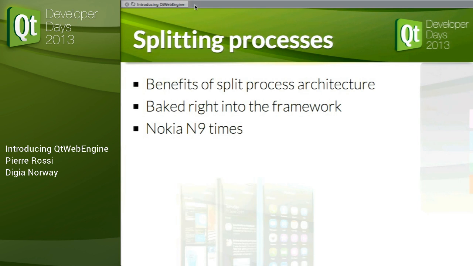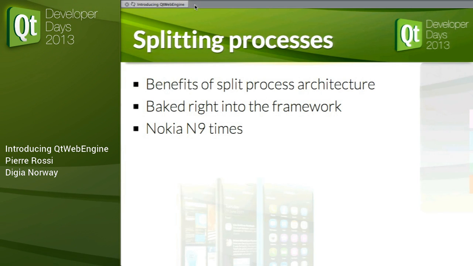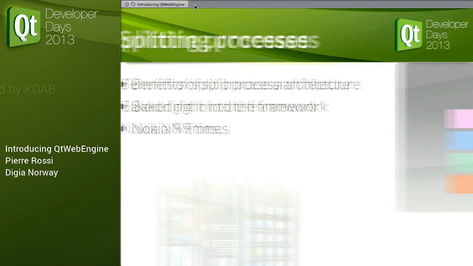And we also saw the benefits of having a split process architecture, not only for stability, but also to get a really smooth user experience and user interface. And this is something I think we want to have in Qt. And so that's how WebKit 2 came up. So it was, or it still is, baked right into the framework.